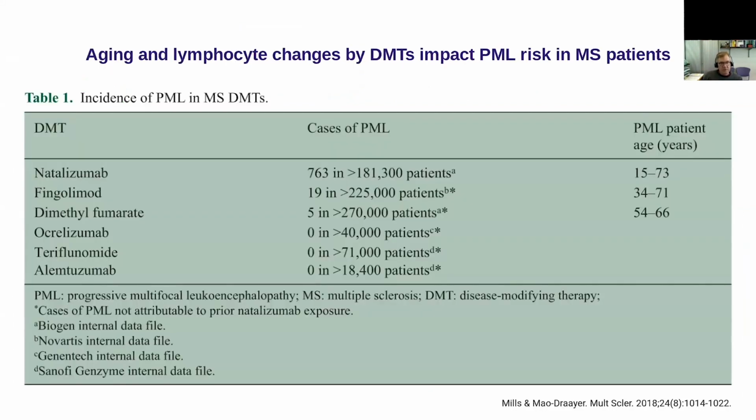An example of this, it's well known that PML risk goes up with age, and we've seen this particularly with the dimethyl fumarate cases. The initial cases occurred in people with lymphocyte counts above 500, and then we saw a sprinkling of PML cases in people who were above 500 lymphocyte count, and they tended to always be elderly patients.